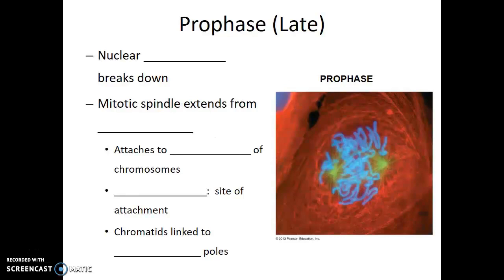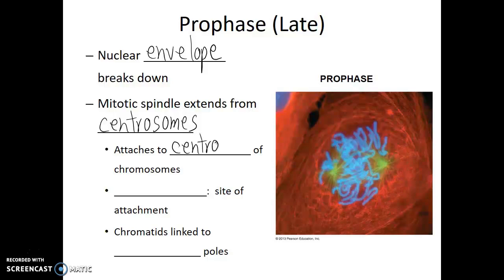In late prophase, the nuclear envelope breaks down. The mitotic spindles extend from the centrosomes and attach to the centromeres of the chromosomes. If you recall, the centromeres are those connection points between the 2 sister chromatids of a duplicated chromosome.